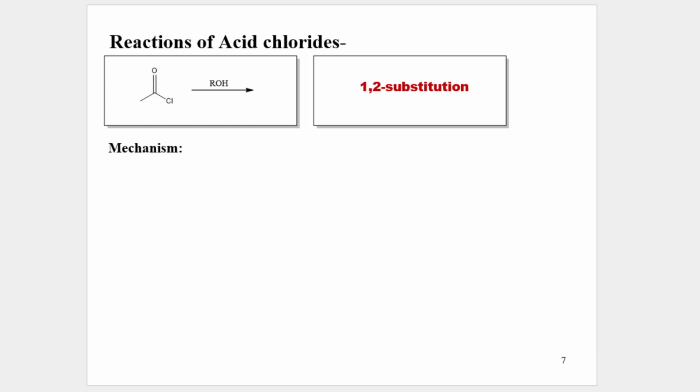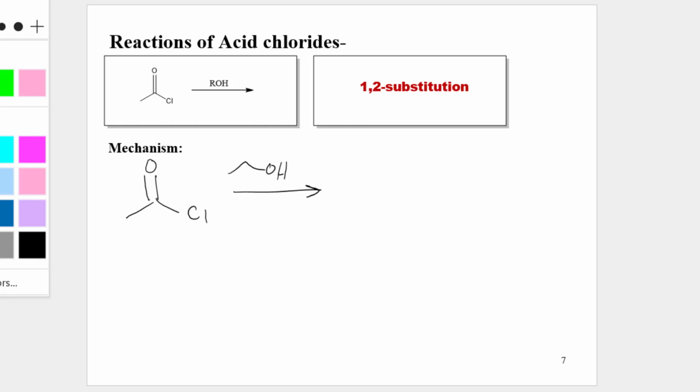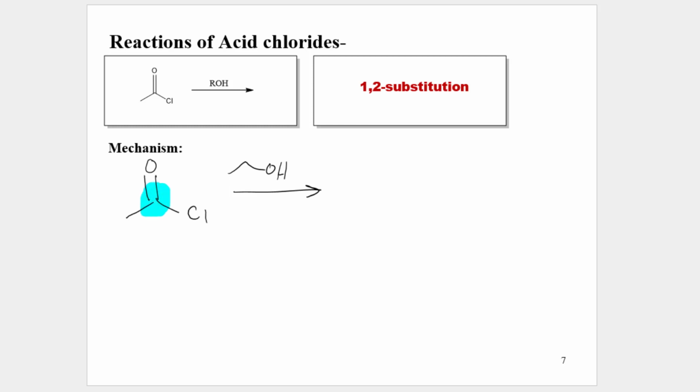Let's try another one. Let's start with an acid chloride and react it with, how about ethanol? Again, the carbonyl is extremely electropositive. We only need a weak base or nucleophile in this case. So the nucleophile is the ethanol, the oxygen's partially negative, and we're going to go in, up.